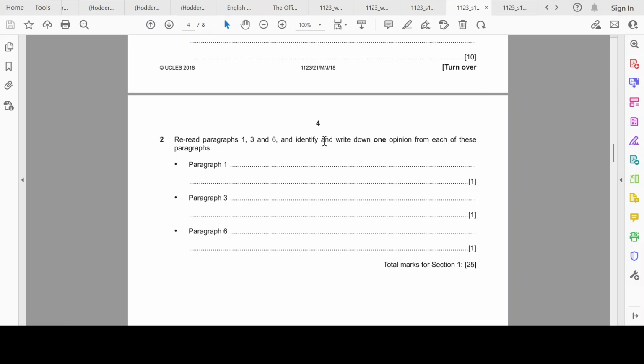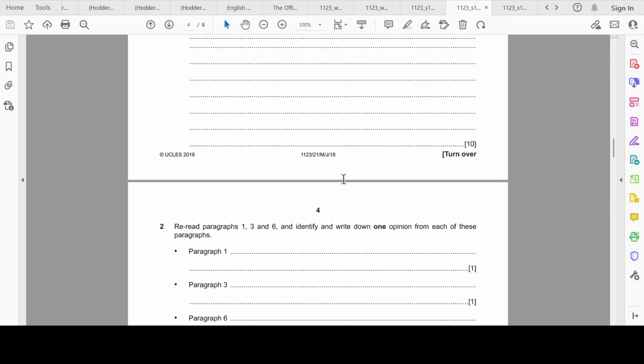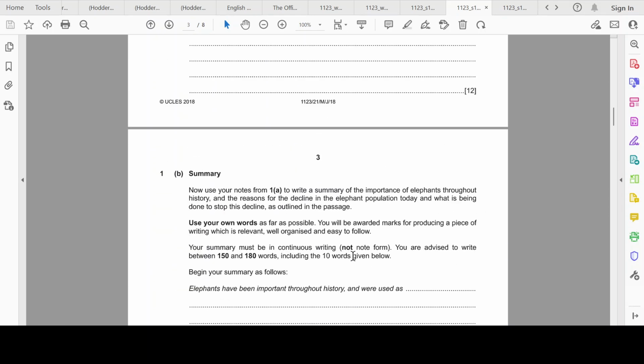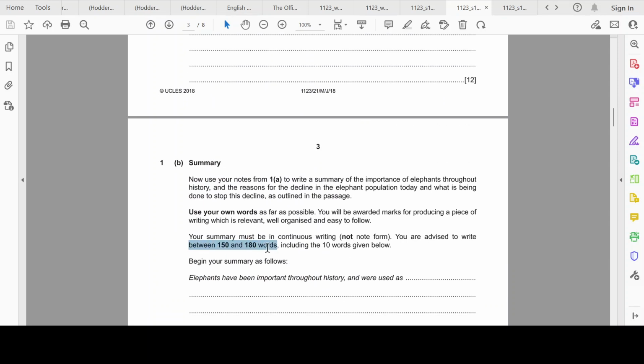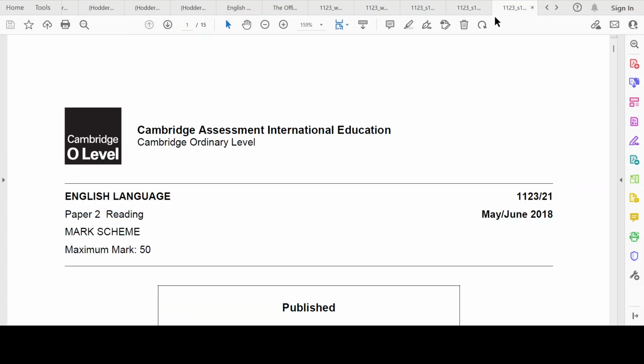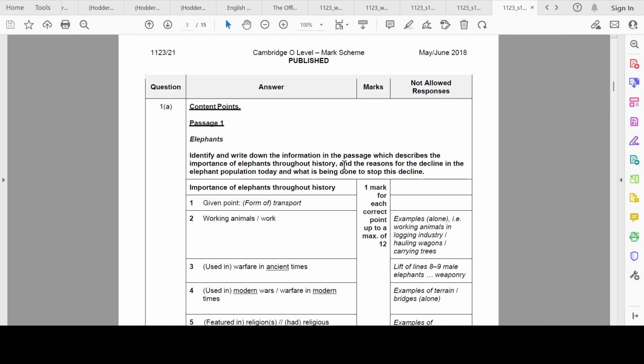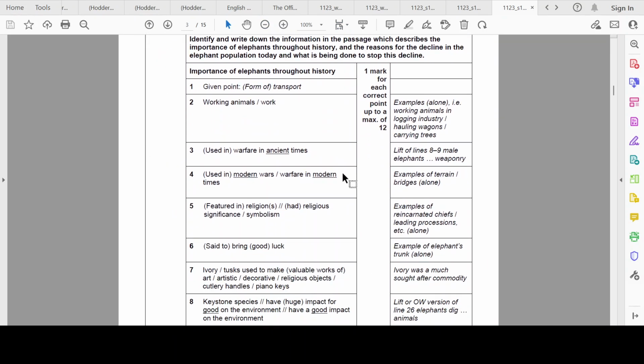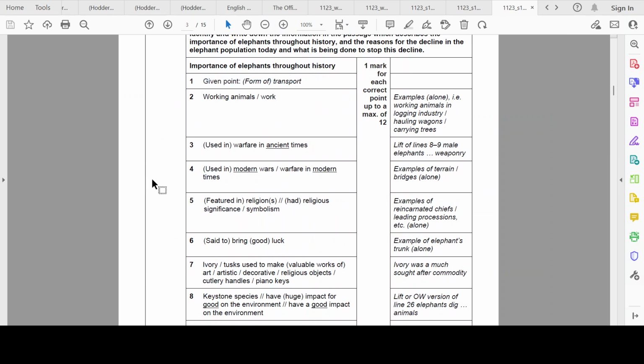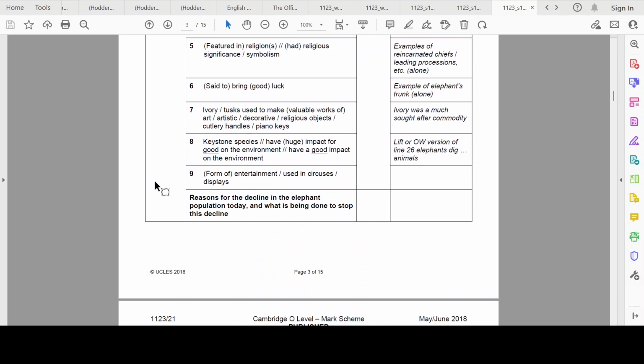Again, no short response question, but we can still use this. Also, the word limit is between 150 to 180, and if we take a look at the mark scheme, you've got far more points. So they have a given point. They've got 2 given points because they have 2 themes running through this.